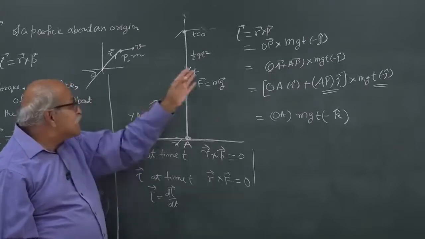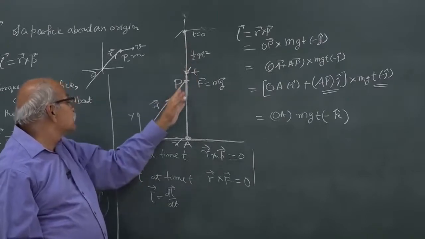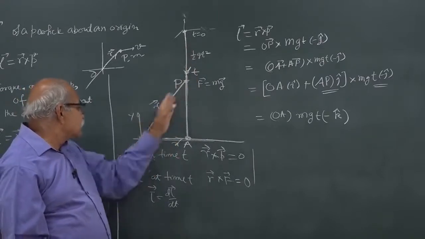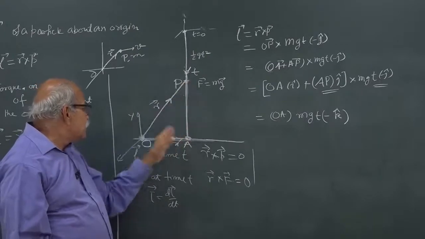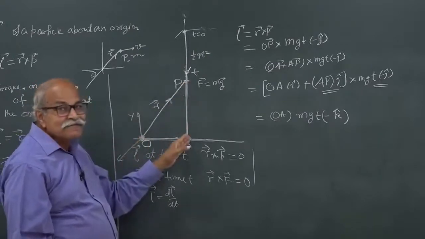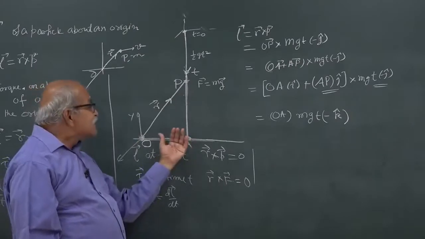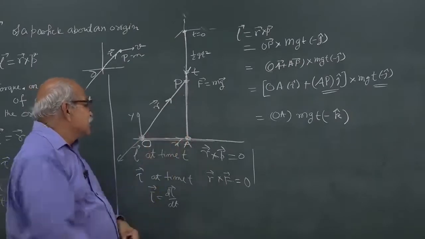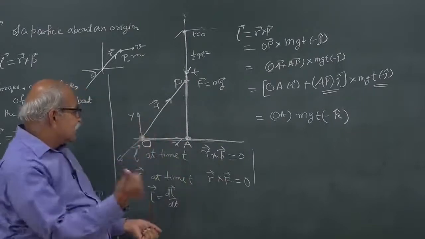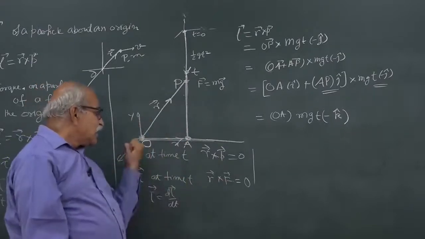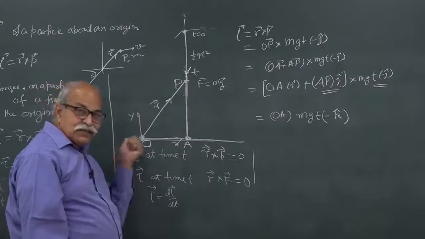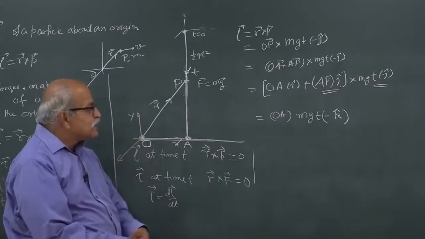The particle is falling parallel to the y axis, but its angular momentum is in the negative z direction. If this is x, this is y, z is coming towards us, and minus k cap means it is going into the board. So, that is L.